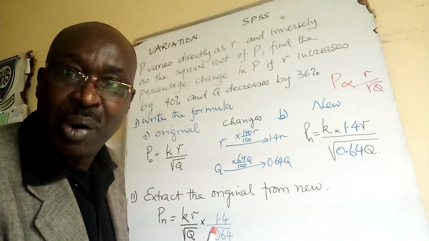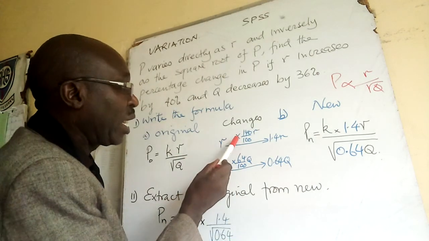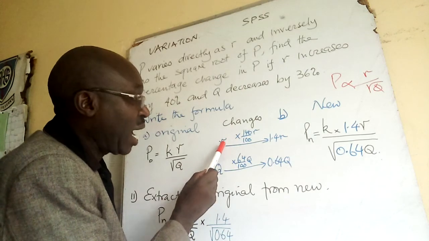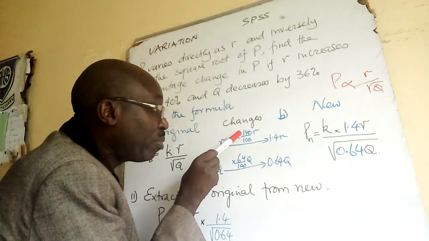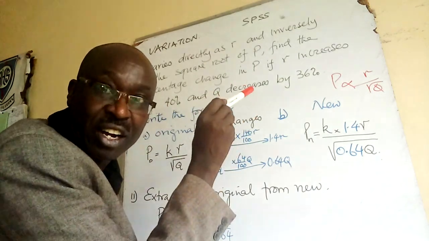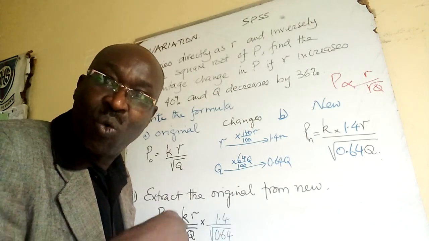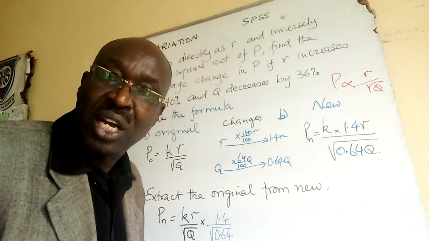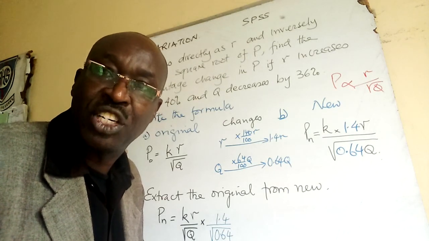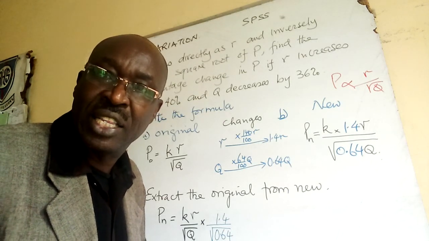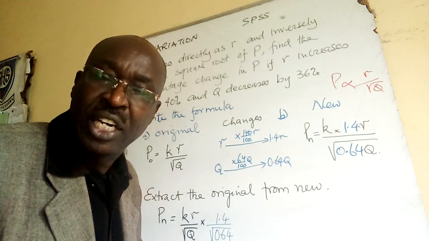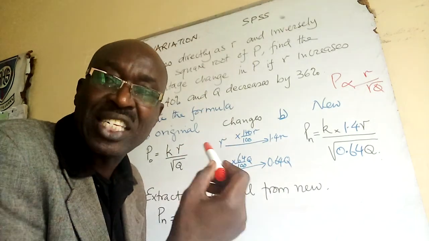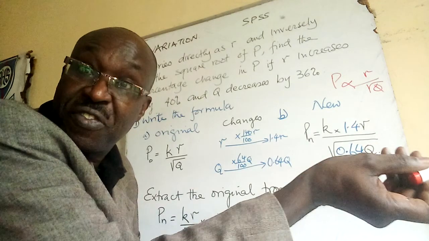Right here are the changes. R increased by 40, so it is R multiplied by 140 over 100 R. You see, 140 of what? If my socks are 50 shillings and then the price is increased by 20, it is 120% of 50.